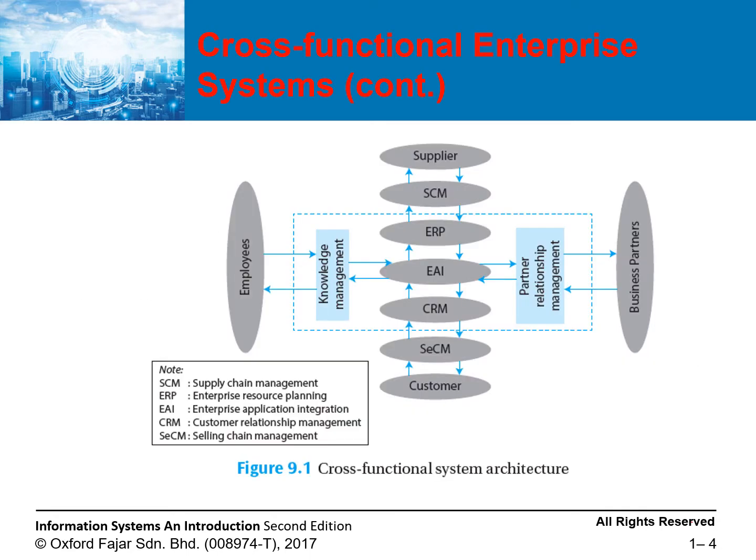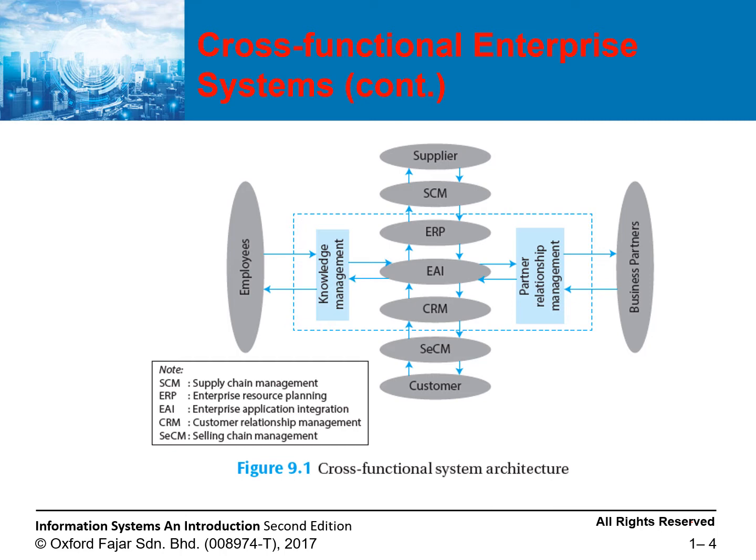This figure shows us the various types of information system that sit within the cross-functional enterprise system. But for this section in this chapter, we only will focus on the 3 cross-functional enterprise systems that are widely used to support enterprise-wide operation.